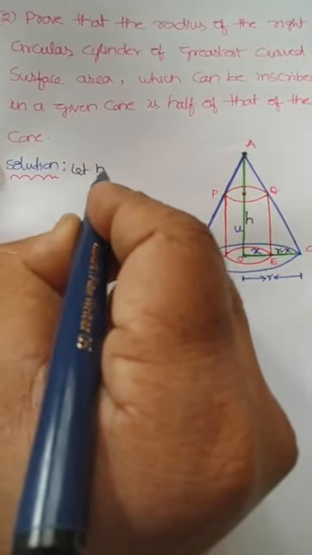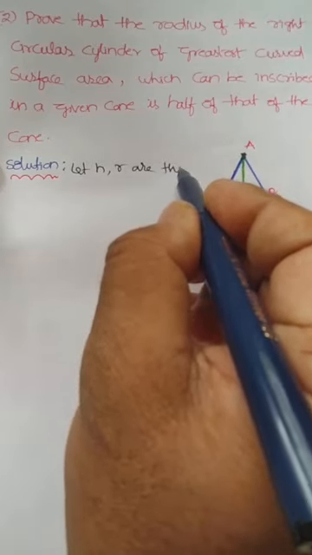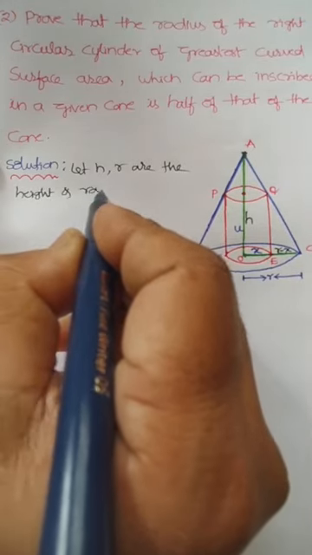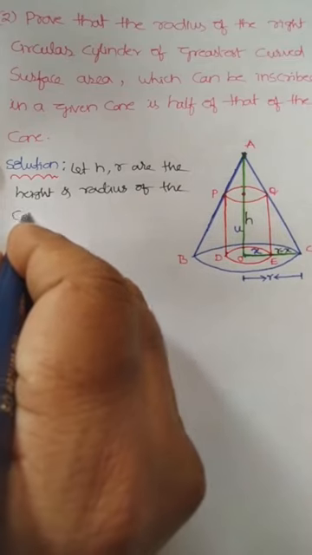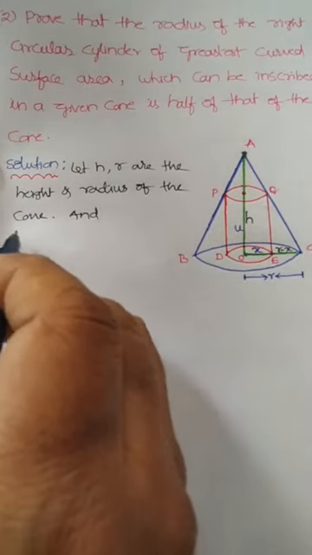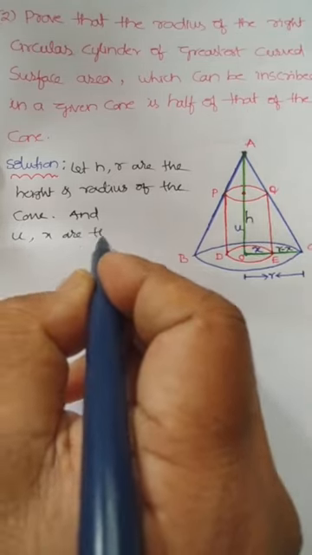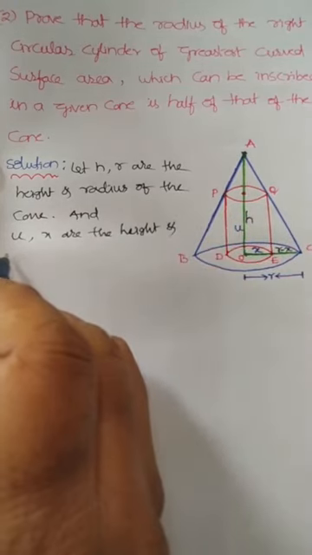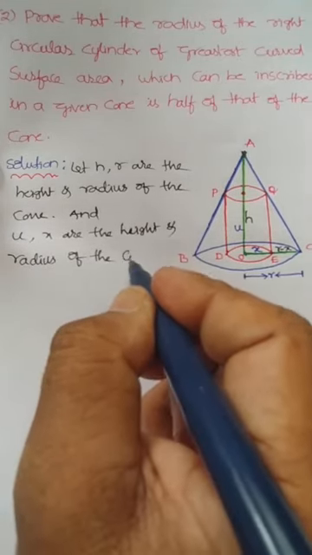Let small h, small r be the height and radius of the cone, and small u, small x be the height and radius of the cylinder.